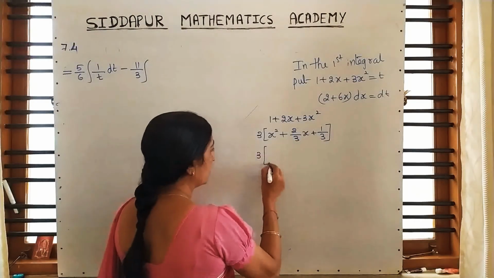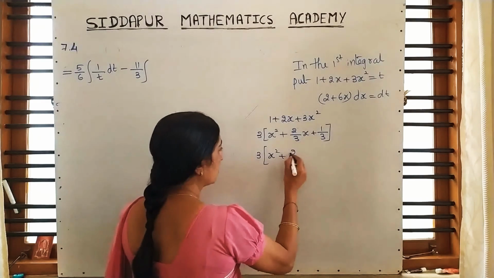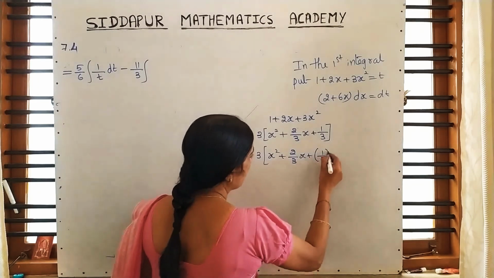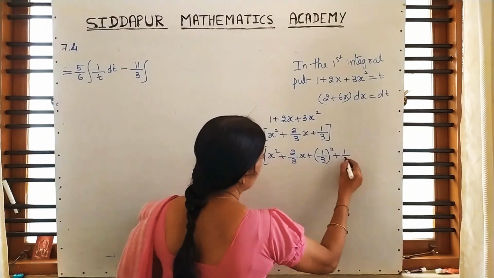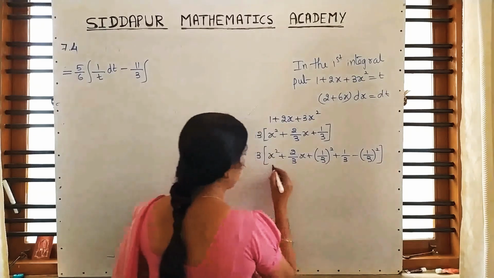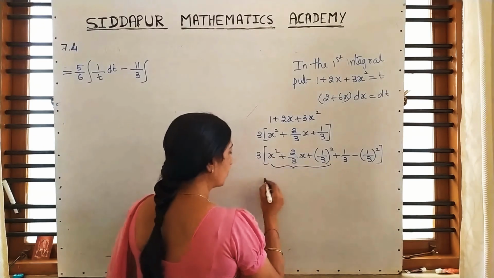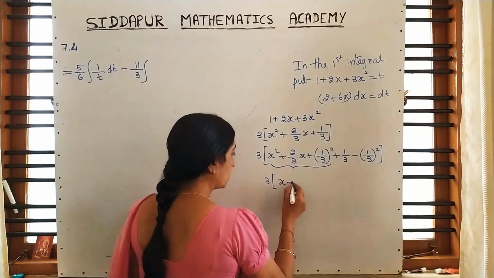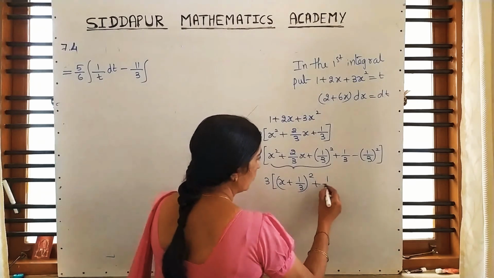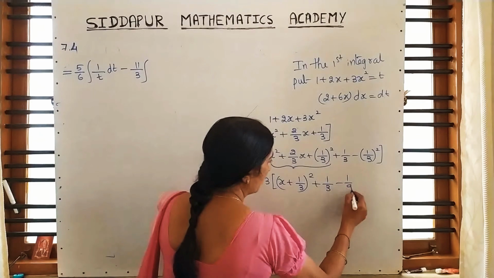So 3 in the bracket, x square plus 2 by 3 x plus 1 by 3 whole square plus 1 by 3 minus 1 by 3 whole square. The first 3 terms give you a perfect square as x plus 1 by 3 whole square plus 1 by 3 minus 1 by 9.